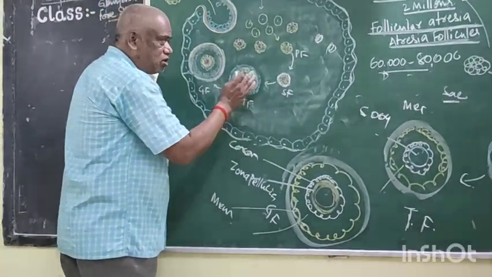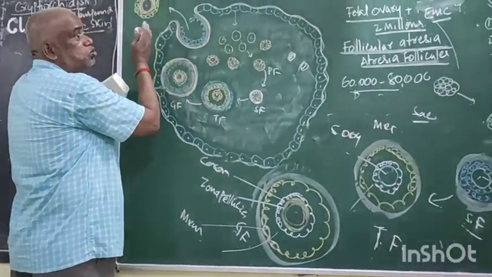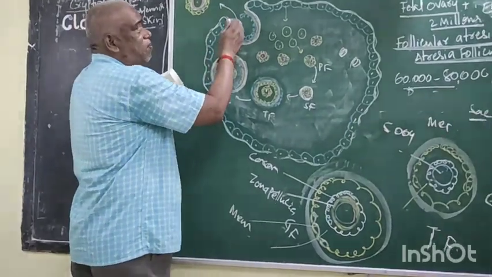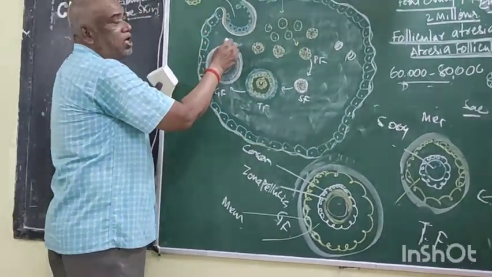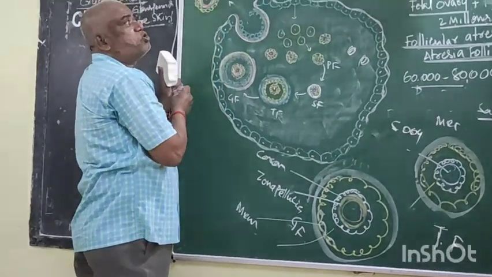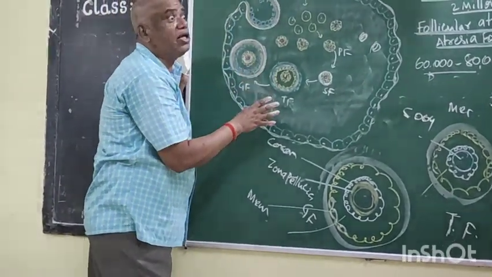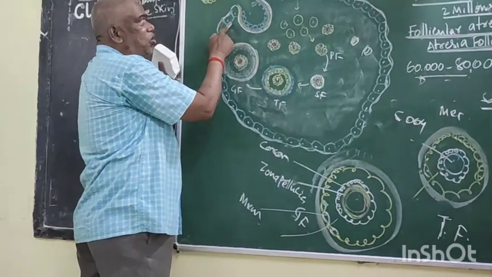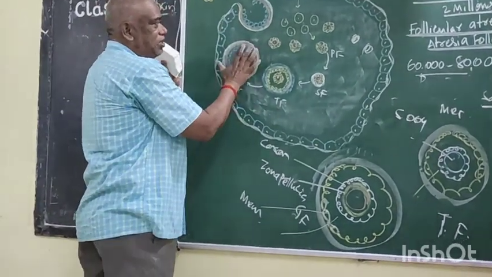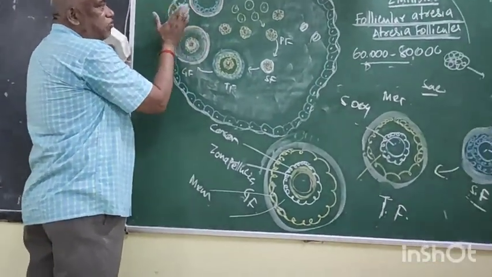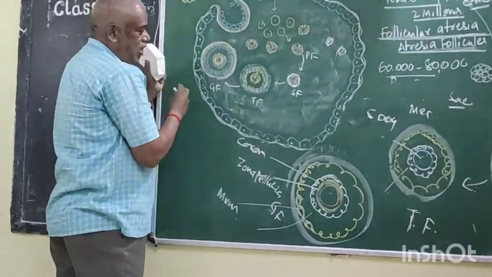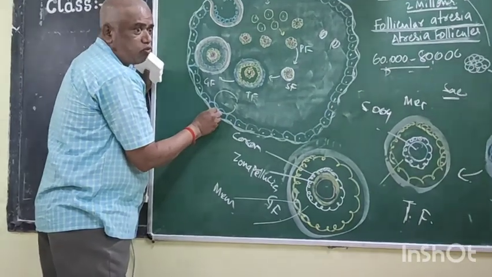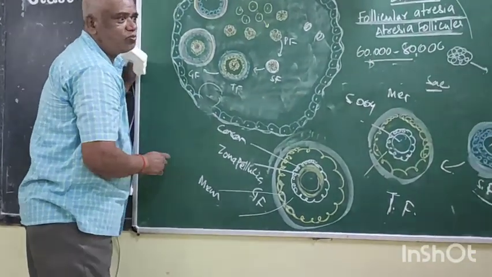After this, the Graafian follicle moves to the margin and attaches to the wall of the ovary. Then it will be ruptured, the Graafian follicle along with the wall of the ovary.